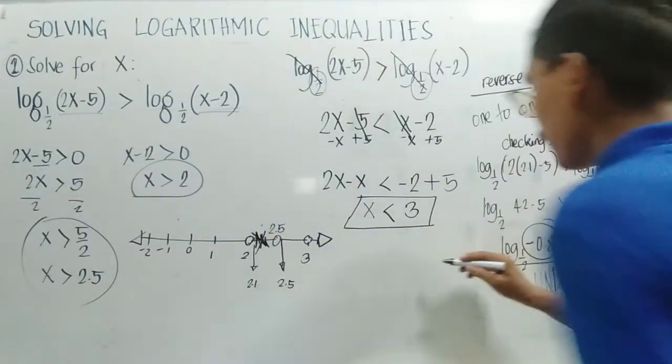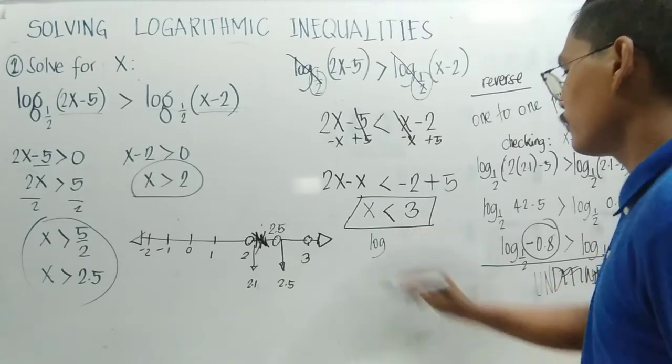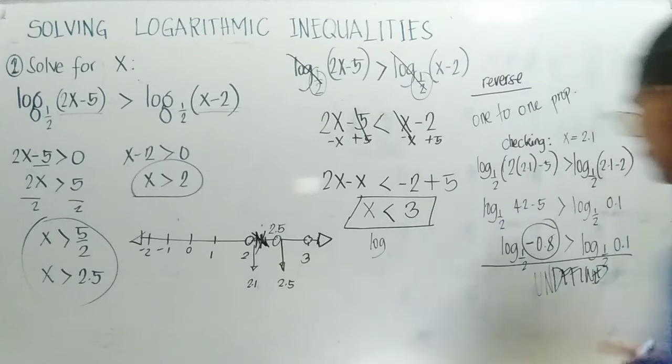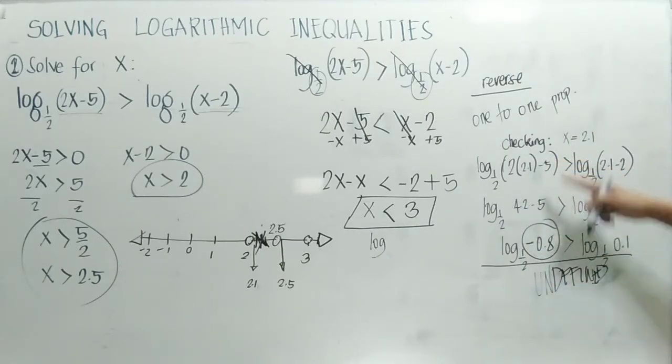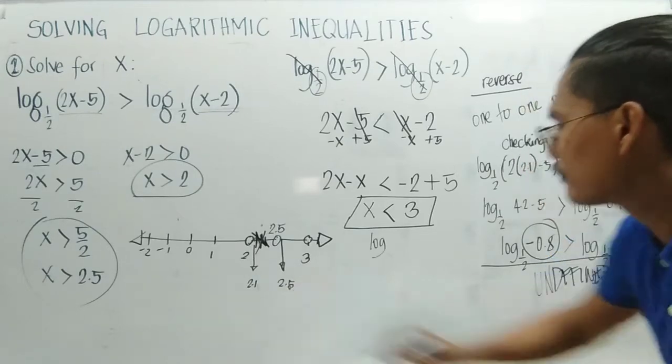Okay, checking 2.5. So we have log. Okay, so I will erase this thing. Checking for 2.5 or 2.6 I mean.